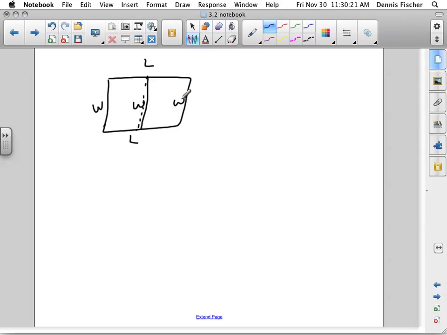I would just start with a picture, it helps you. The same kind of picture, but they don't have that middle fence in there.